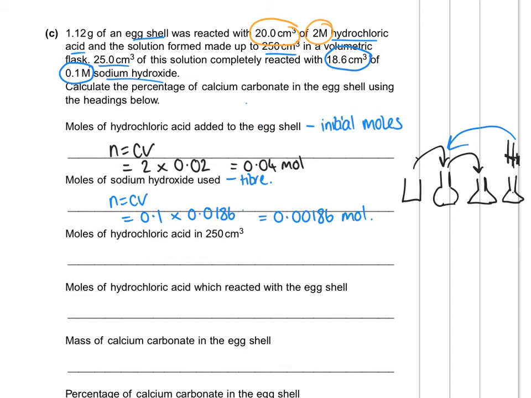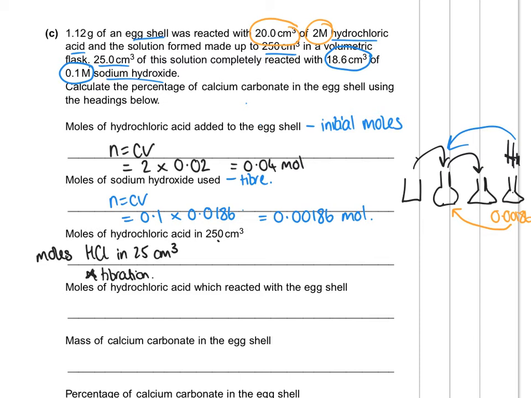Okay, so I have the number of moles of sodium hydroxide used is 0.00186, and I need to work my way all the way back to how many moles are in the volumetric flask. So let's work out first of all the moles of HCl in 25 centimeters cubed. That's basically your titration.